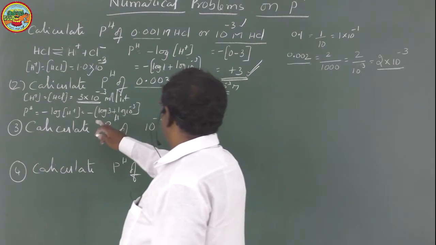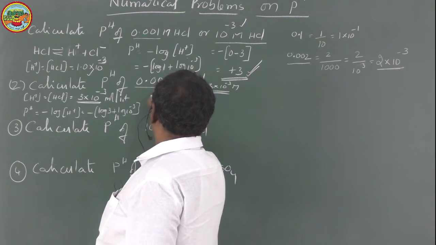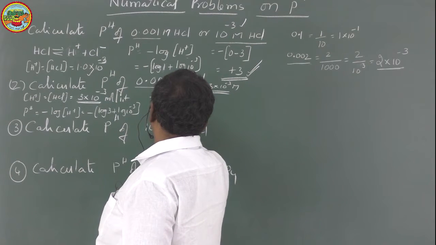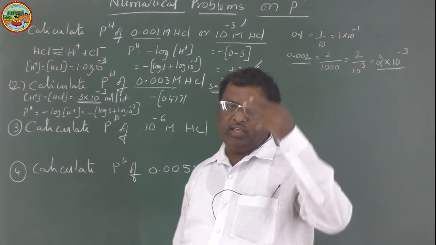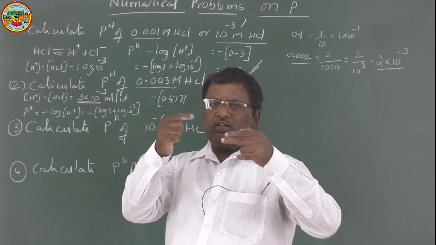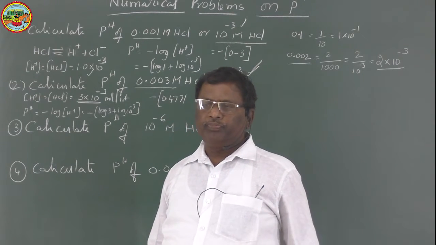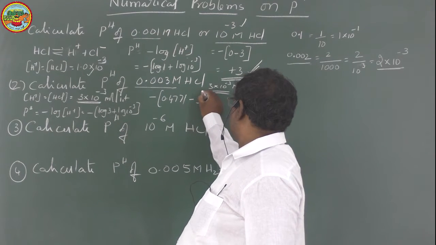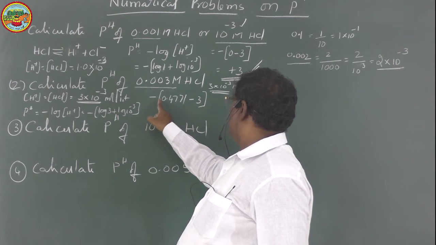Now, here pH is equal to minus log H plus. The log of 3 is 0.4771, because for 3 you have to go through the log tables. There in the log tables, against 30, if you observe 0, below 0 you will have 4771. Then minus 3, because the log value of 10 to the power minus 3 is minus 3. So, minus 3 plus 0.4771.